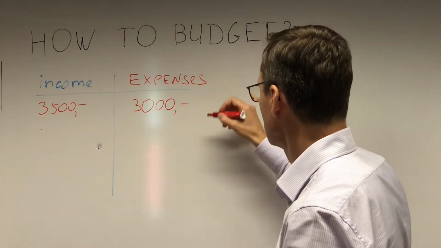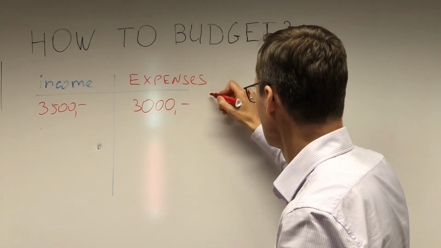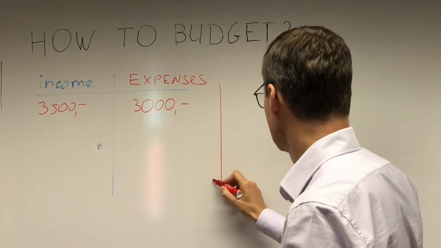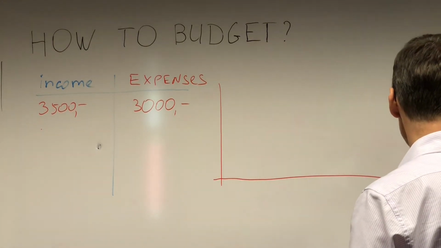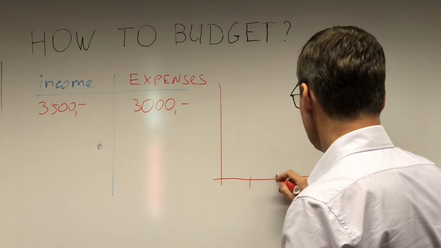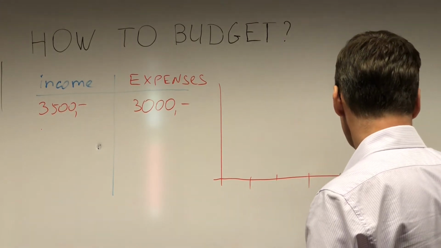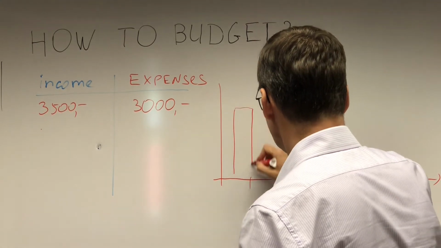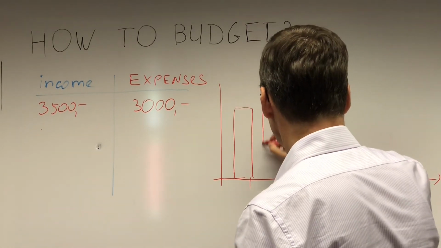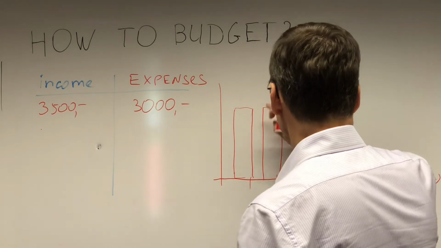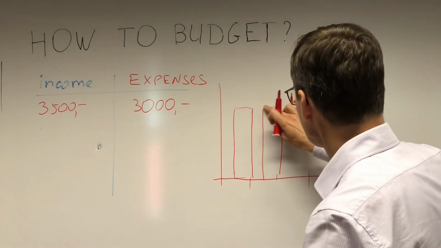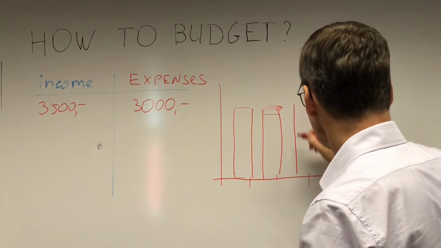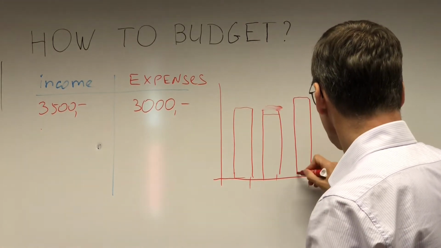Why? Because if you look at how expenses are going, let's put it on a line, we have time, months, like January, February, March, and so on, and each month you spend some money, right? But it's not the same each month. One month you spend more, another month you spend less.